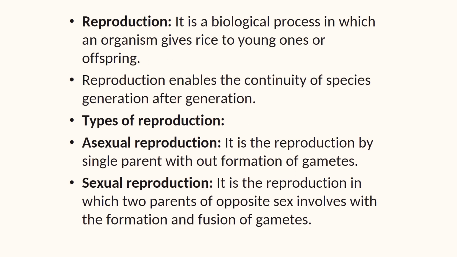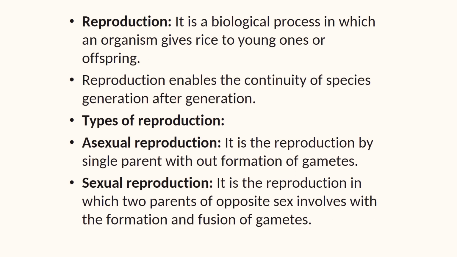It is the reproduction by a single organism without production of gametes. In this type of reproduction, fusion of gametes does not take place. In asexual reproduction, genetically identical offsprings are produced.